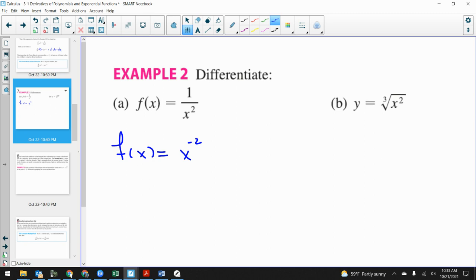I'm kind of unsimplifying it a little bit, because technically I should write it as 1 over x squared. We learned back in algebra that you should never leave negative exponents, but it's easier to differentiate with negative exponents. So f prime of x is going to be equal to, kick it down front, negative 2x to the, now what's the power? Negative 3. Remember, keep getting smaller.